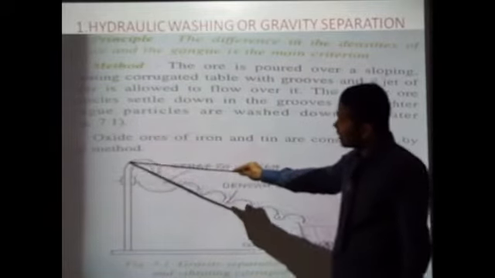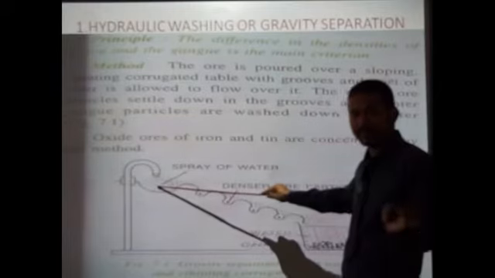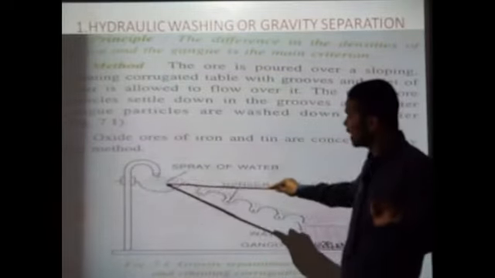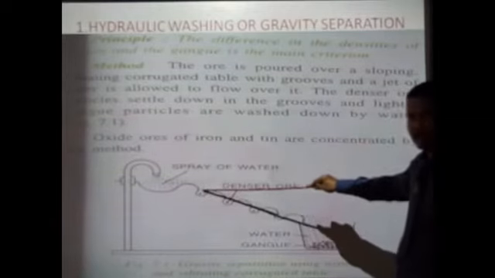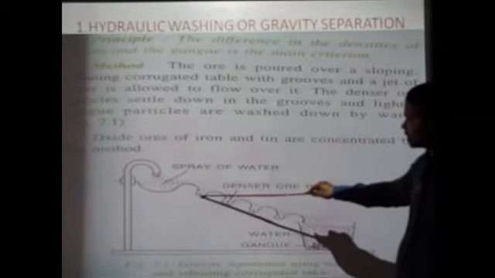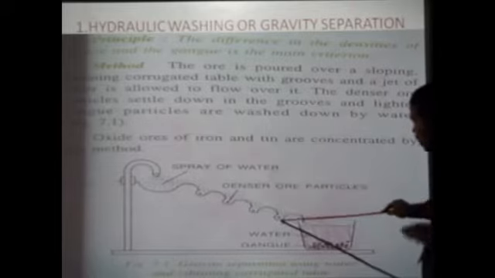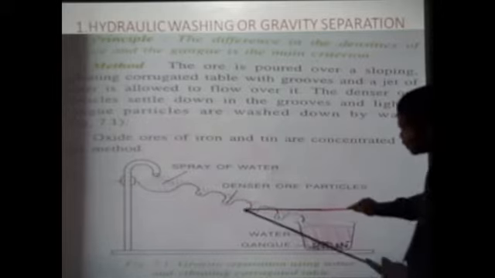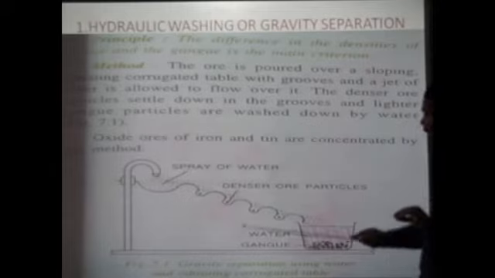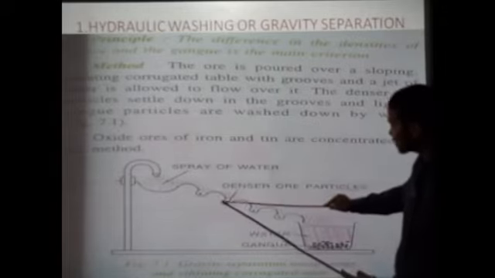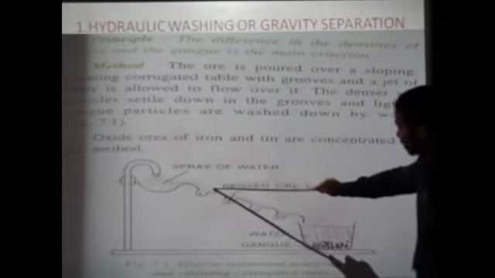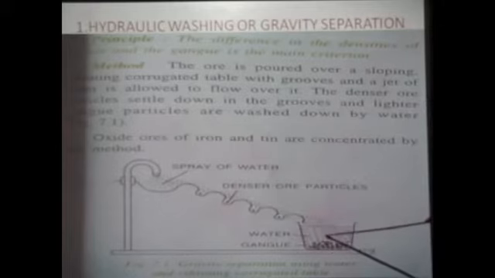Then this is washed by water at very high speed, and then the heavier particles with high density settle in these grooves. So what are the things present in these grooves? These are the heavier particles. Generally ores are heavier than gangue, and these ores settle in these grooves, and the lighter gangue particles will be washed away, and here it is collected.